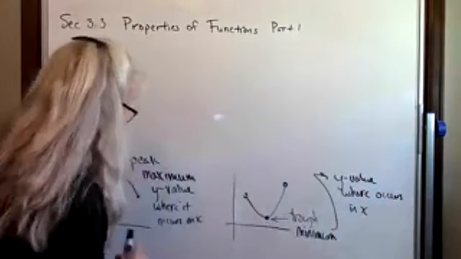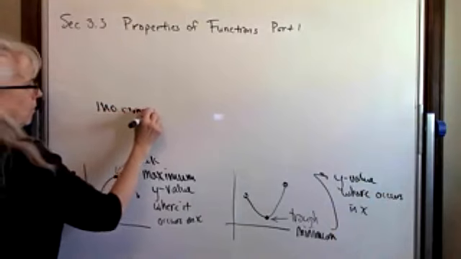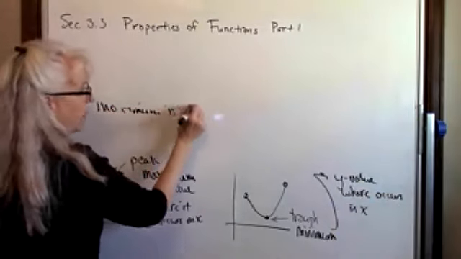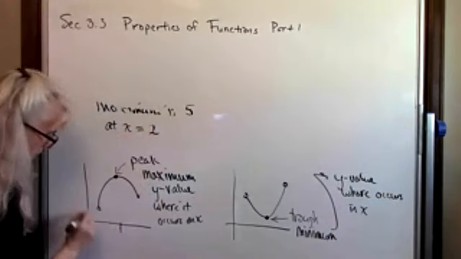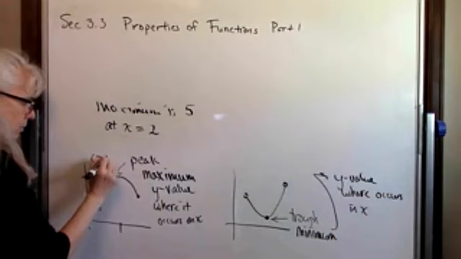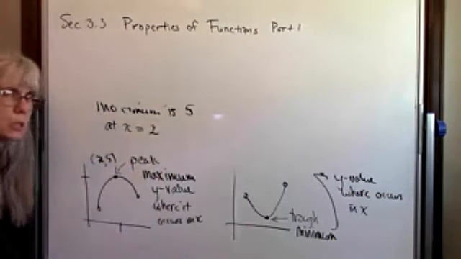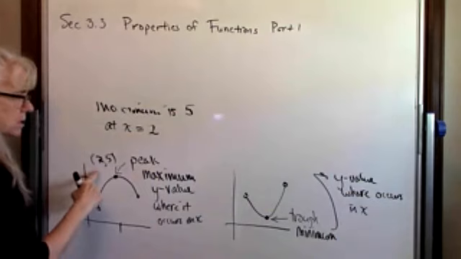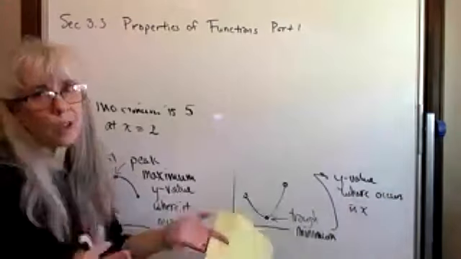So you might say that the maximum is 5 at x equals 2, assuming that this is the point 2, 5. And that's the online homework and the way it records that information. I'm okay if you just tell me that the maximum is at 2, 5, but since you're doing online homework and online exams, you're kind of stuck with that.